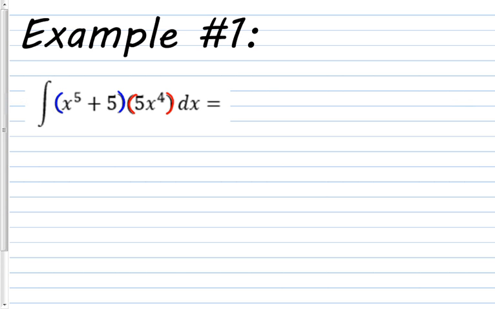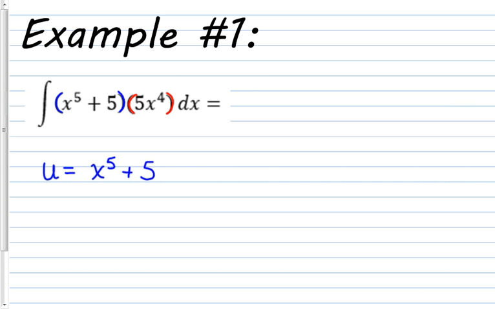So I have to figure out which one of these can I derive and get the other. So the original function is going to be u. So which one of these would I derive to get the other? So hopefully you're like, okay, if I derive x to the 5th plus 5, I get 5x to the 4th. So x to the 5th plus 5, that's u. Its derivative is the other piece.